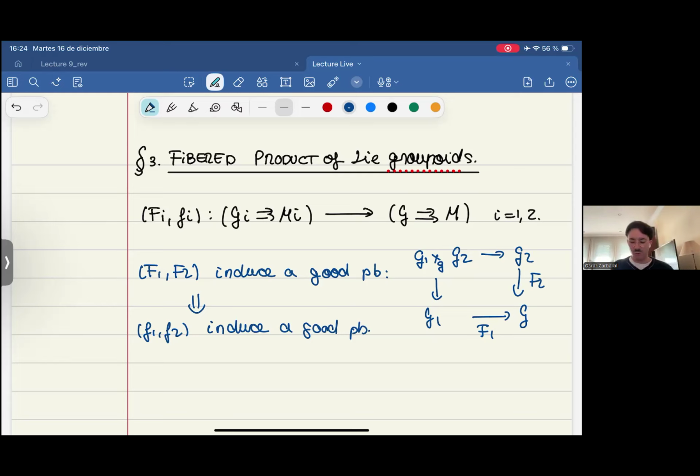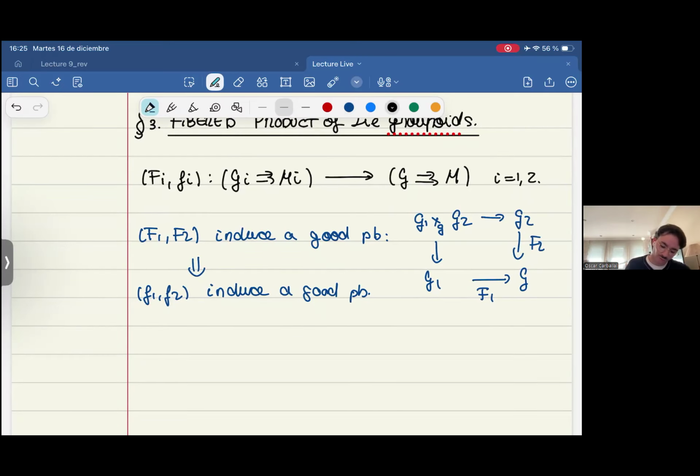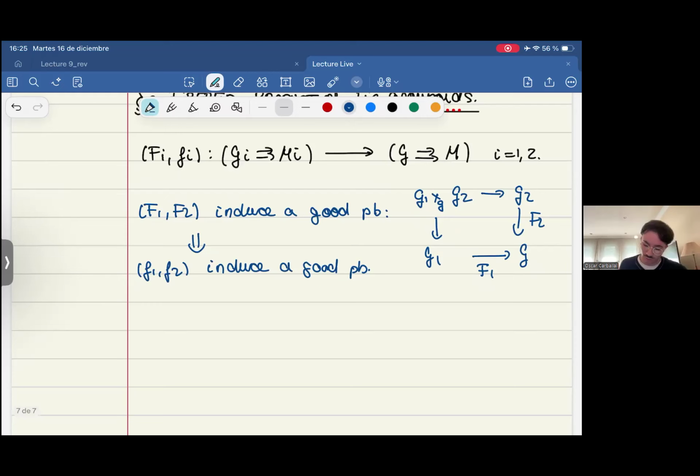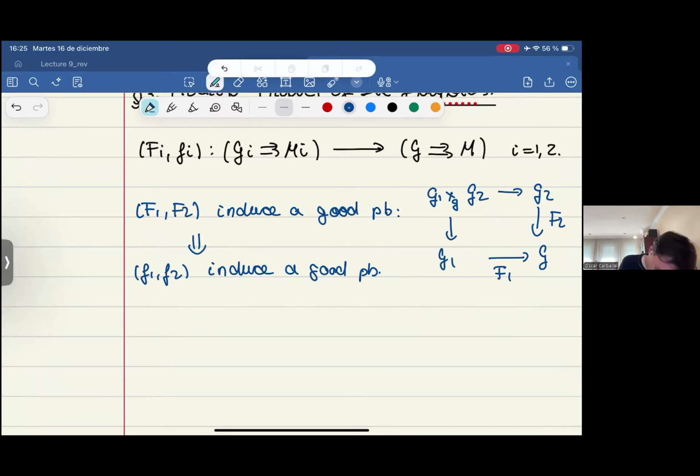Okay, so the good pullback property is somehow only necessary to check for the maps between the sets of arrows. Right. So suppose that we have a morphism of two Lie groupoids onto the same Lie groupoid, such that the morphism between the sets of arrows induces a good pullback.